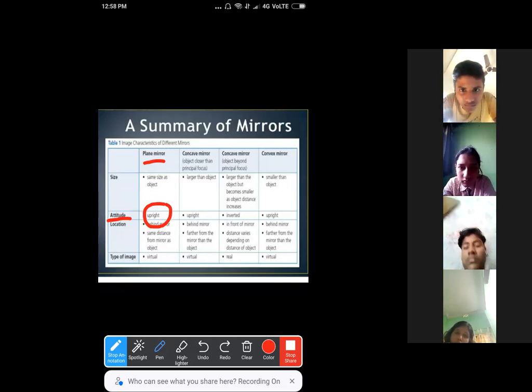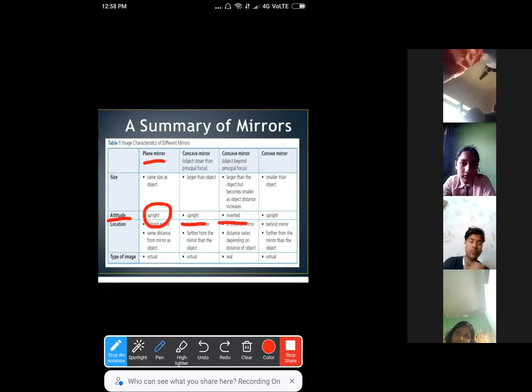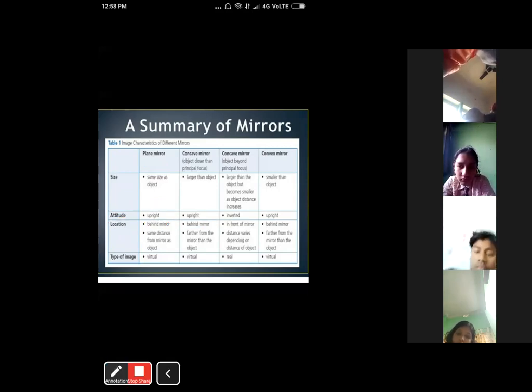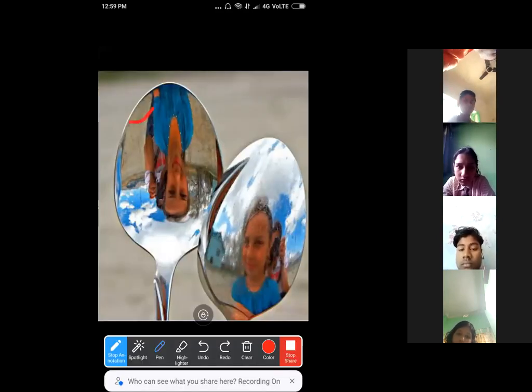Similarly, in concave mirror, if the object is close, then the image will be upright. But if the object is away, beyond the principal focus, then the image will be inverted, as I have just shown you here. See, the image is inverted, right?